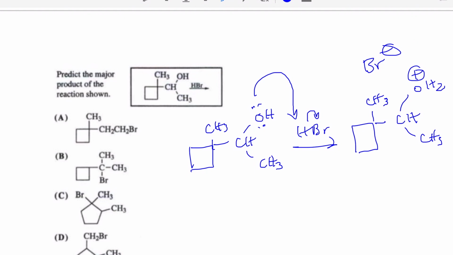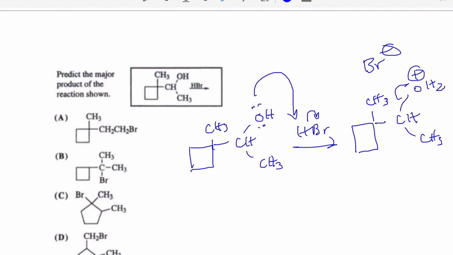So now we can see, since we have this water molecule, it likes to be by itself. It doesn't like being bound to the structure, and it would prefer to be by itself because water is a stable compound. Otherwise, no life would exist, right? So it would rather be on its own.